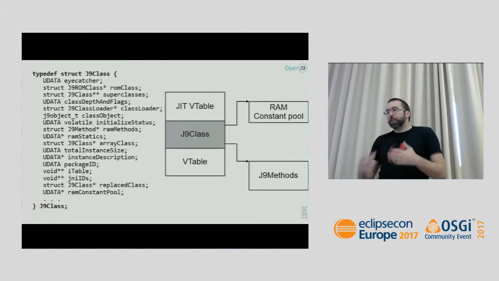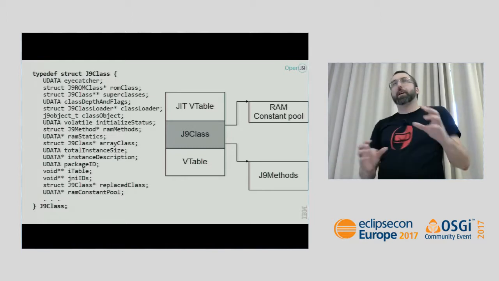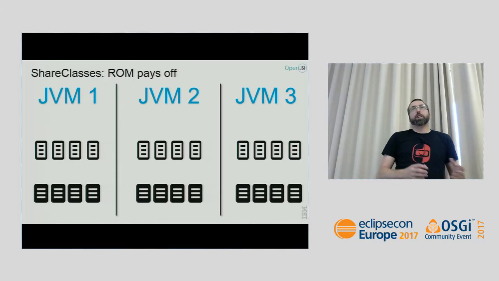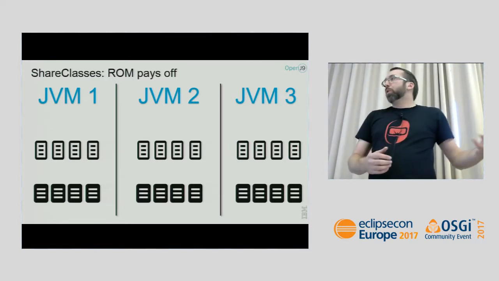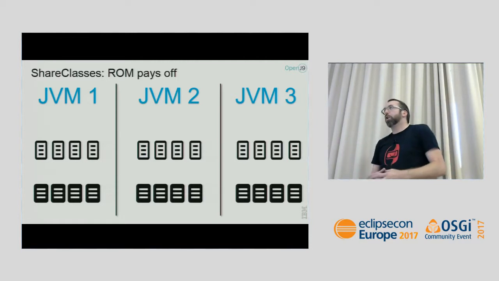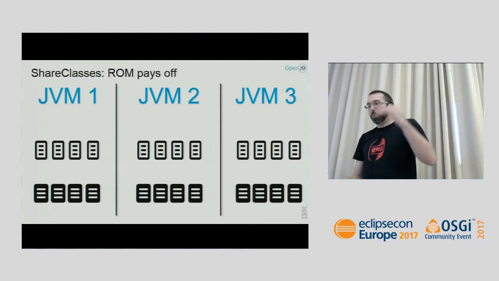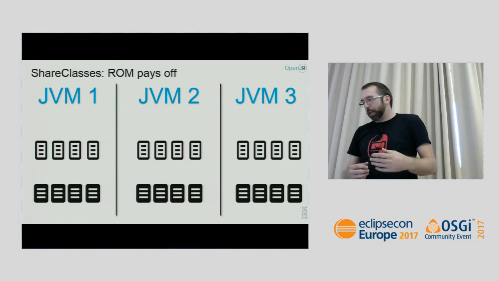So with this distinction of RAM versus ROM classes, why am I spending so much time in my 30-minute talk talking about this? It's because of this feature we call shared classes. In this example you have 3 JVMs. If they're all running the same app or a similar app, you would have your VM, and then the white one is representing RAM classes, the black boxes are representing ROM classes.